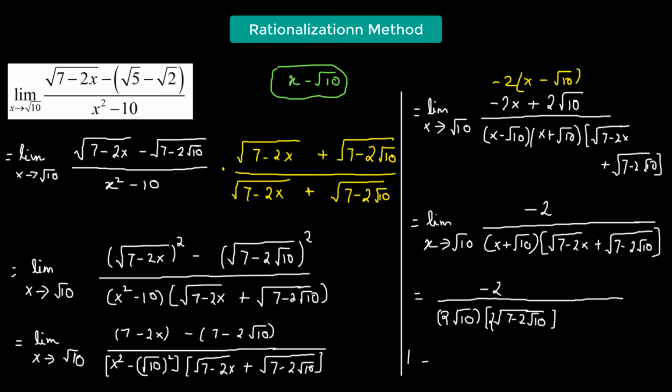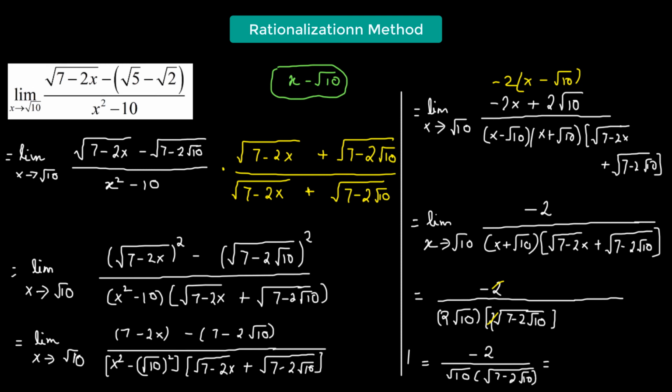So this will be equal to negative 2 over, the 2 and 2 get multiplied to give us 4. So we can factor out 2 from both the numerator and the denominator, and that leaves us with negative 2 over square root of 10 multiplied by the square root of 7 minus 2 root 10.